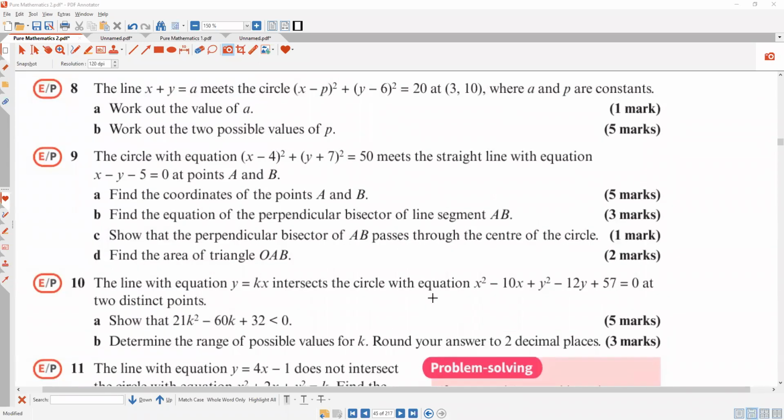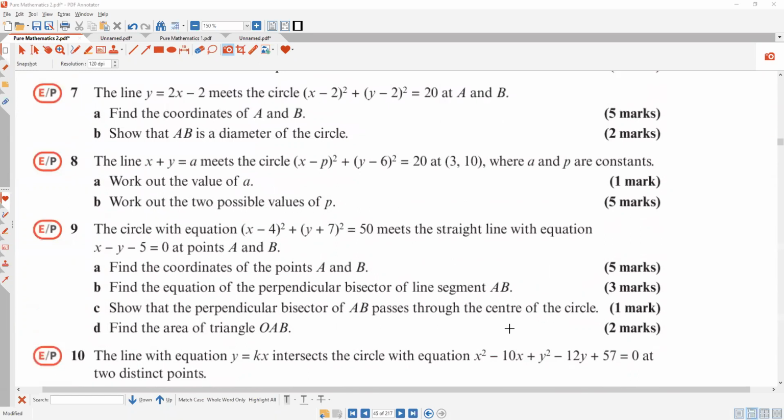Exercise 2D, 9, 10, 11, 12. Okay, so I'm ending the class. Exercise 2D P2, 9, 10, 11, 12.